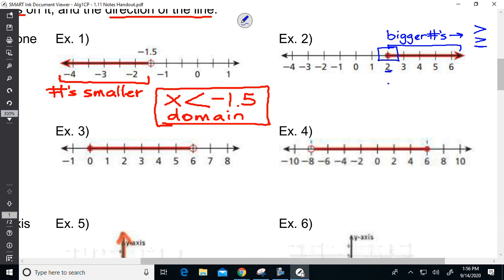So you would use greater than or equal to. And there's your domain. So for example 2, that's your domain.